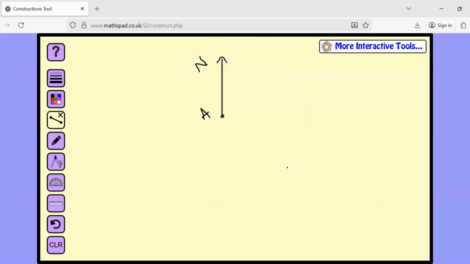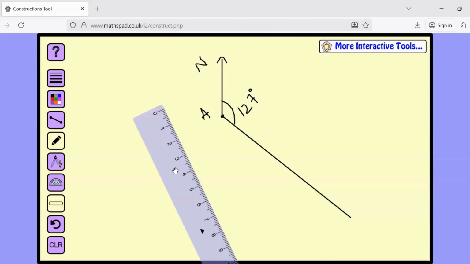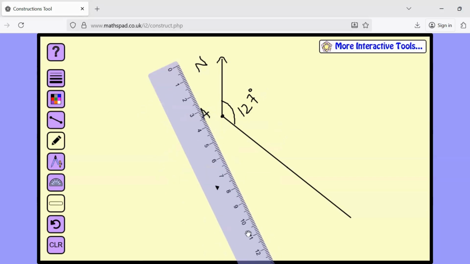I put the marking over here, and B will be somewhere on this line. I do know the length. I've just drawn the line for the angle. I'll be marking the length later on. I'm not worried about the length. This is a bearing of 127 degrees. Now, how far is B supposed to be on this one? 9. Is that right?